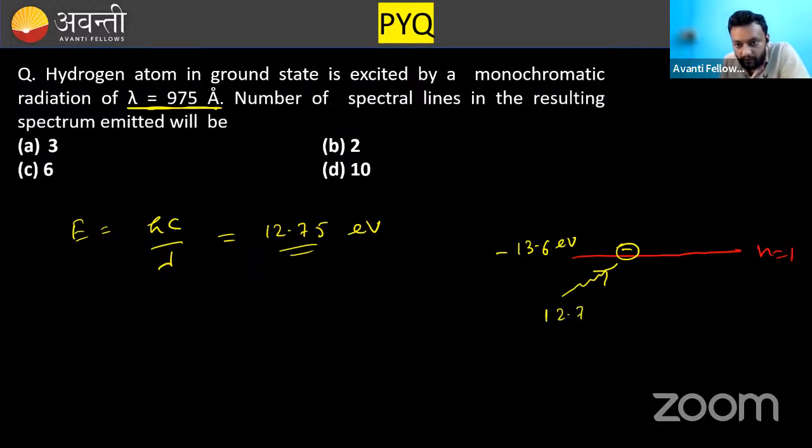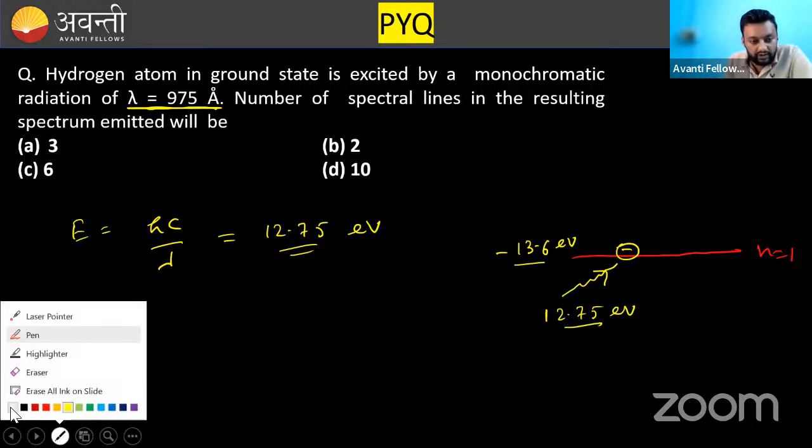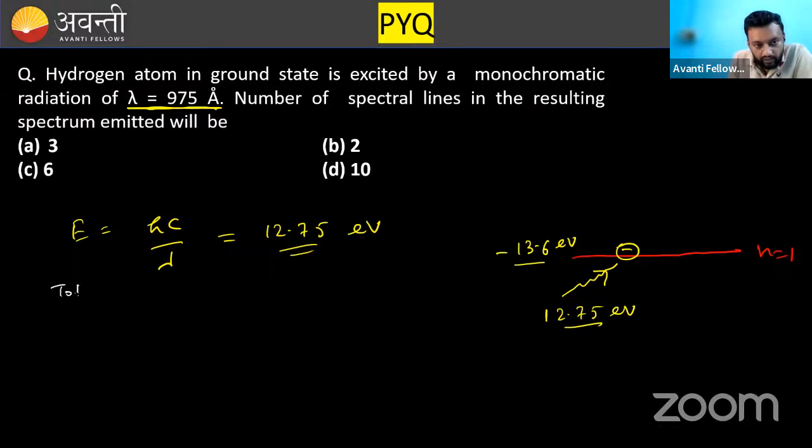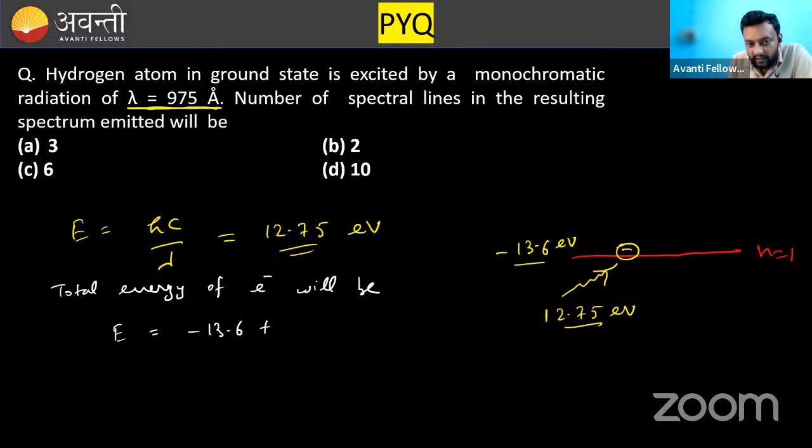So now, 13.6 electron volt is the energy in the ground state, and you have given approximately 12.75 electron volt to it. Electron already has this much energy and you have given extra energy. So the total energy of electron will be, it already has minus 13.6 electron volt and you have given 12.75 extra.